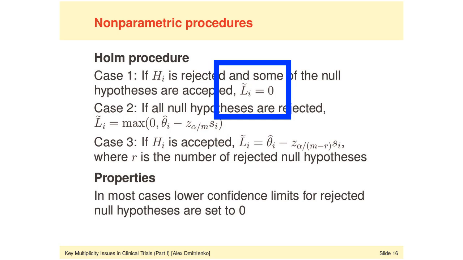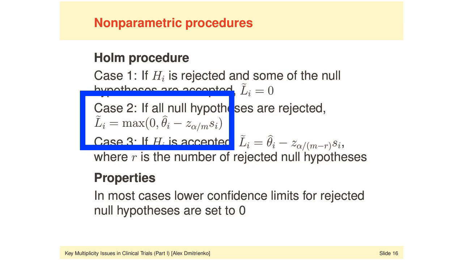Case 1, in this first case, the Holm procedure rejects some hypotheses and accepts some hypotheses. And in this case, the lower confidence limit for any rejected hypothesis, once again denoted by L i tilde, is simply set to 0. This is clearly not very informative, since this essentially tells us that the one-sided simultaneous confidence interval for this parameter extends from 0 to infinity.